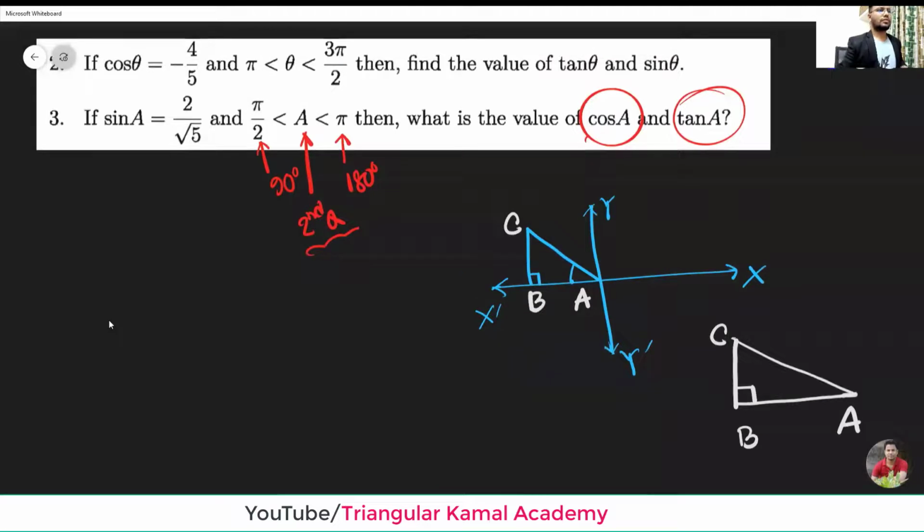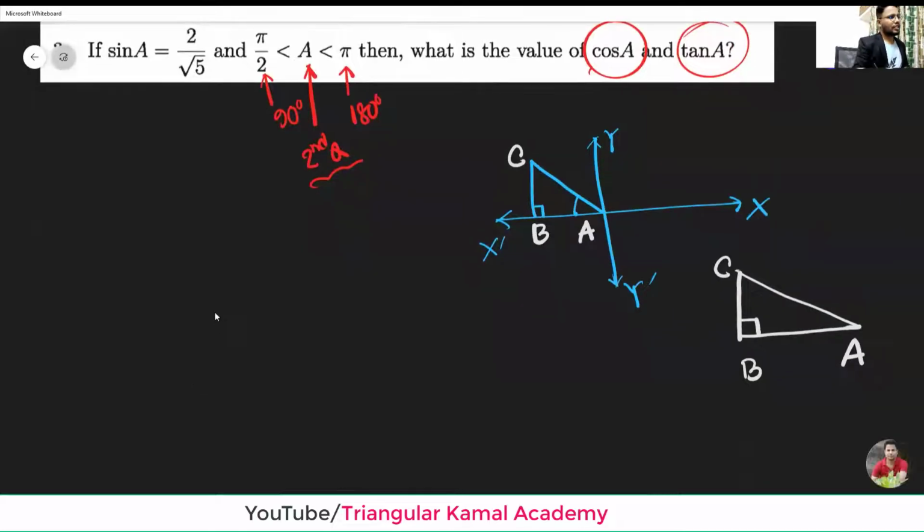So now we know sine equals opposite by hypotenuse. Number 3, given that sine A is equal to 2 by root over 5.